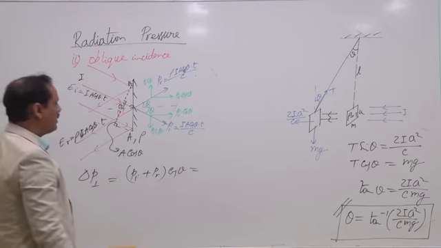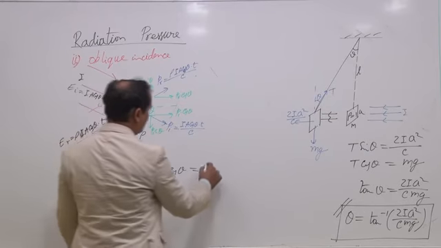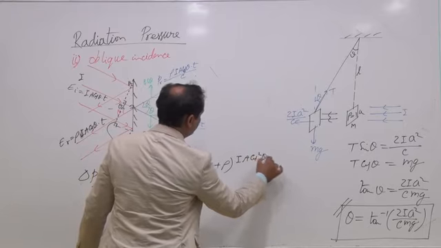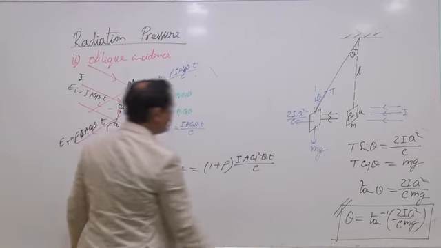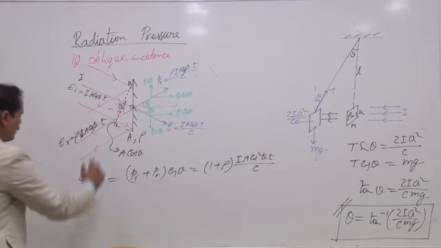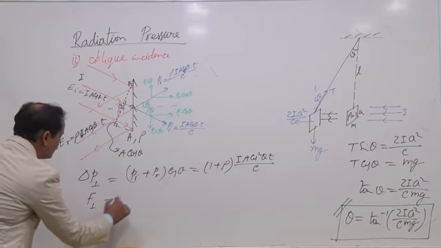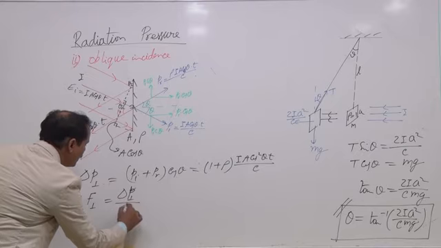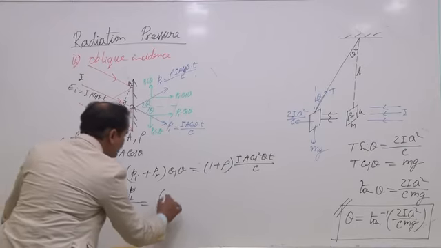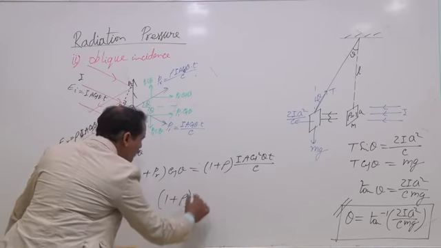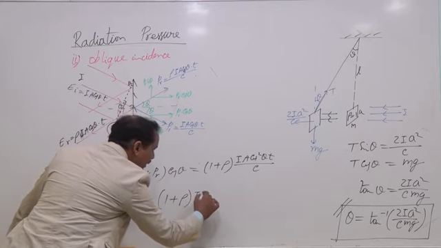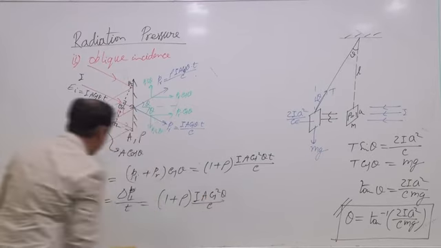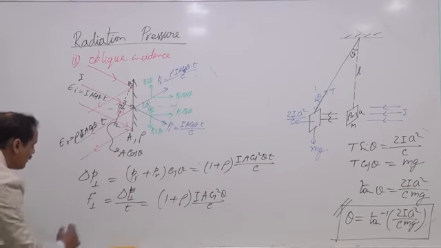If I put the values, it comes out to be (1 plus rho) I A cos square theta T by C. So the normal force on the surface, delta P perpendicular by T, is (1 plus rho) I A cos square theta by C. This is the normal force.